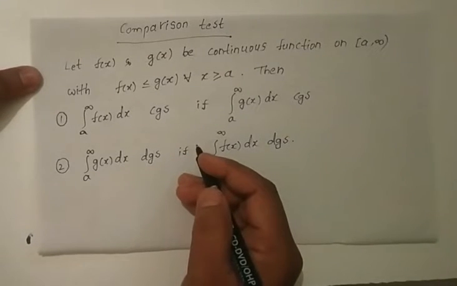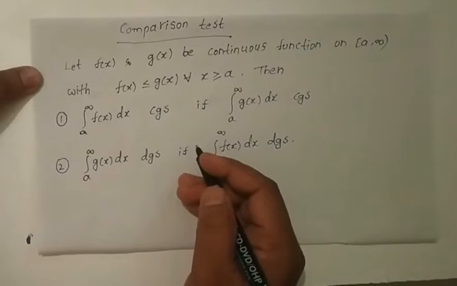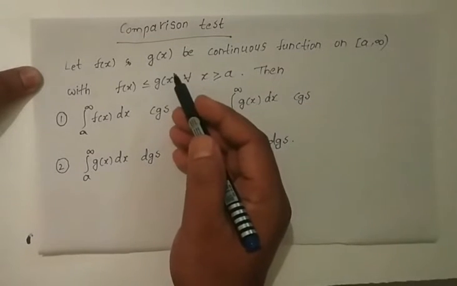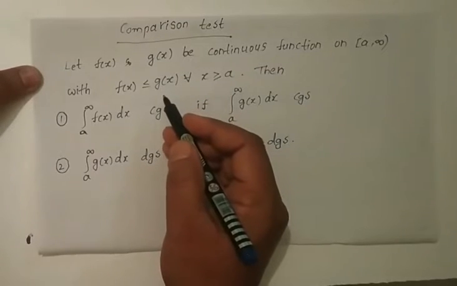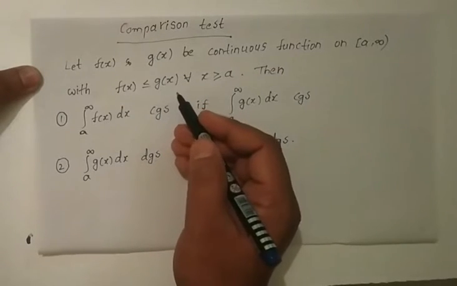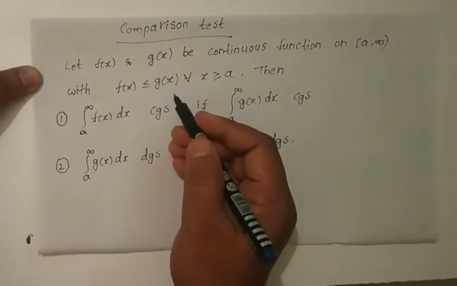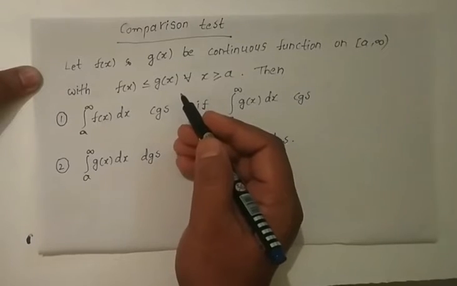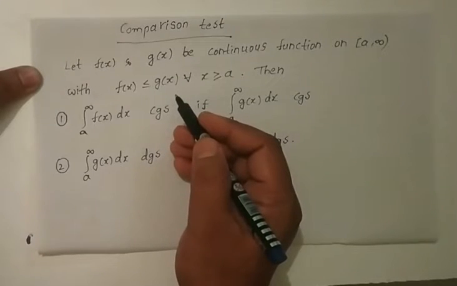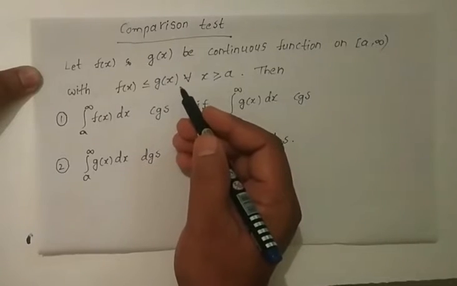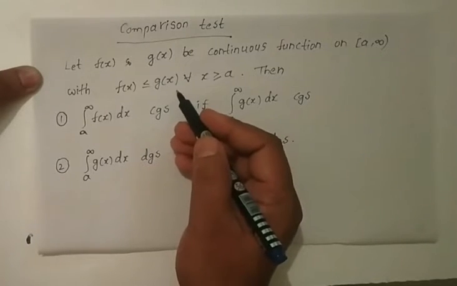This is a method of testing for the convergence of an improper integral. In this test, one improper integral will be compared with a second improper integral, which is determined to be convergent or divergent.